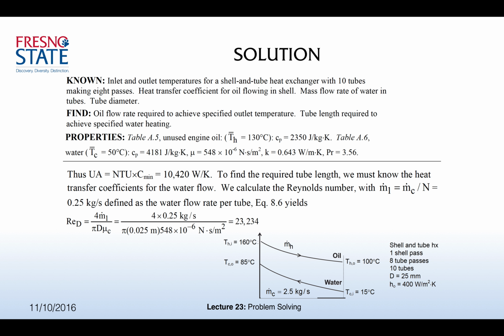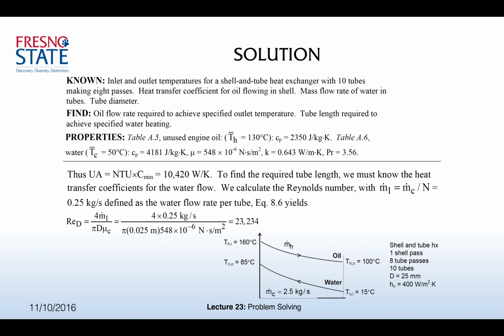So m dot cold divided by n, where n is 10. And therefore, m dot for one tube, or we call it m dot 1, is equal to m dot cold divided by n, or 2.5 kilograms per second divided by 10, and therefore the mass flow rate for one tube is 0.25 kilograms per second, the water flow rate per tube.